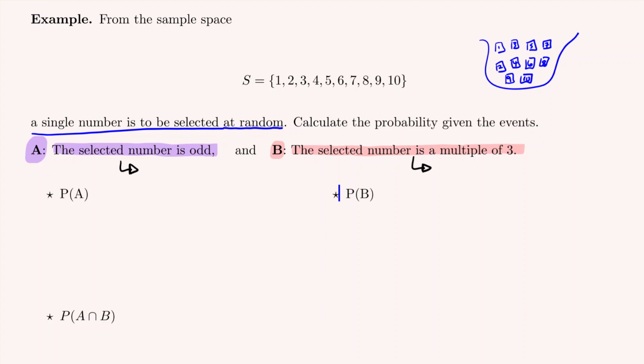So we know the odd numbers are 1, 3, 5, 7, and 9 within the list. The multiples of 3 start at 3. 3 times 1 is 3. 3 times 2 is 6. 3 times 3 is 9.